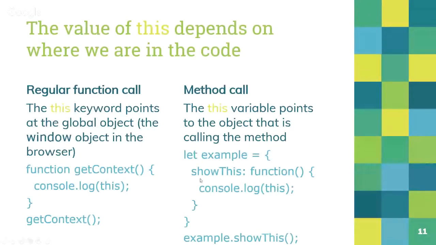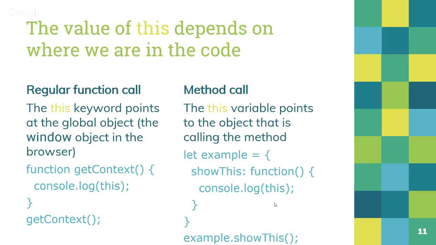So every time we call showThis, we will get the value of this inside this method. That means that the value of this here will be the example object. I hope this is clear for you. It's very important to understand this.